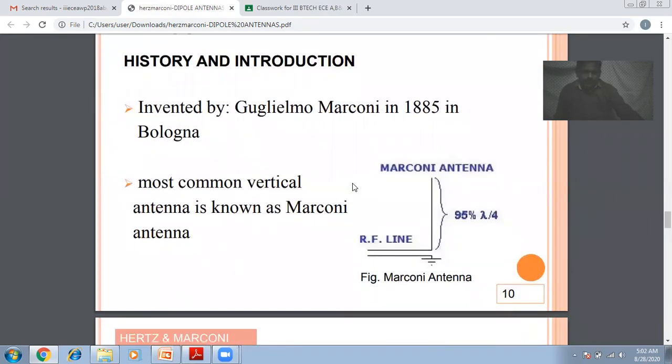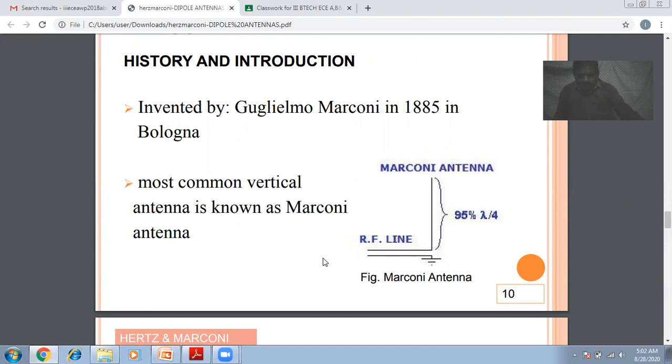Now coming to the monopole antenna. Let us see here. The top portion is of length lambda by 4. For the bottom portion, you have to assume that it is kept inside the ground.